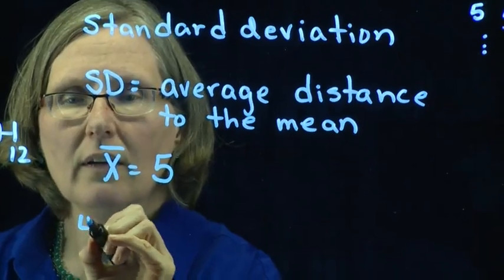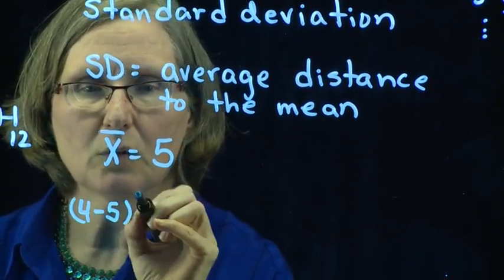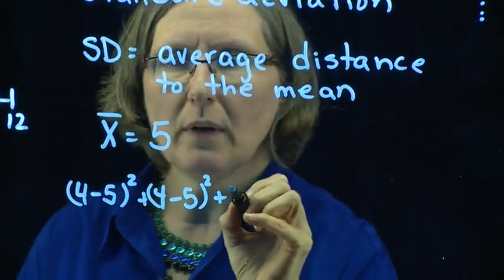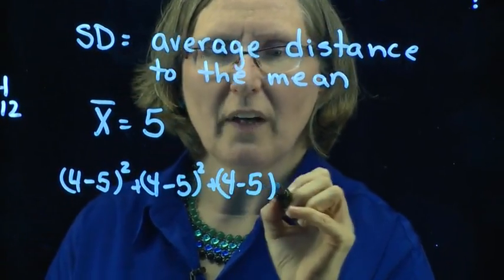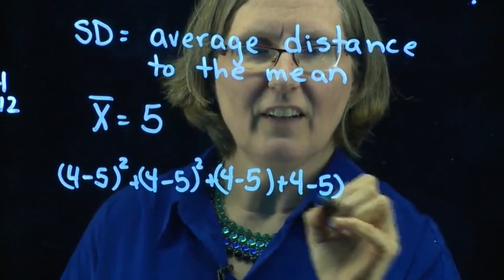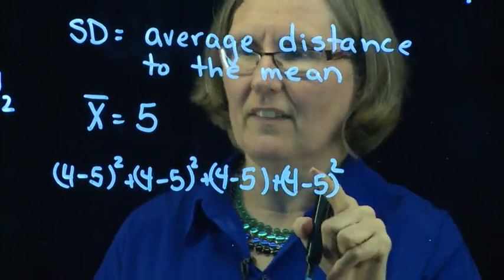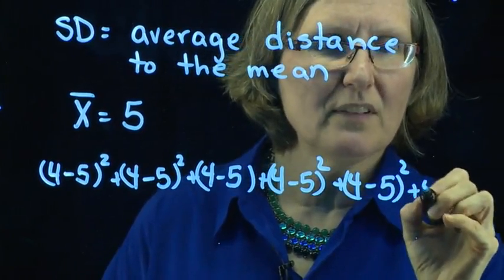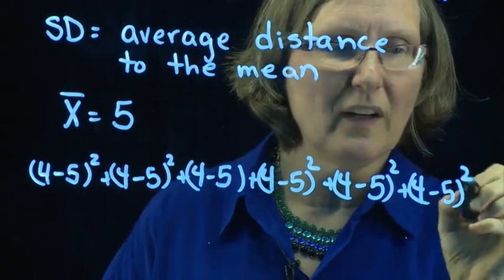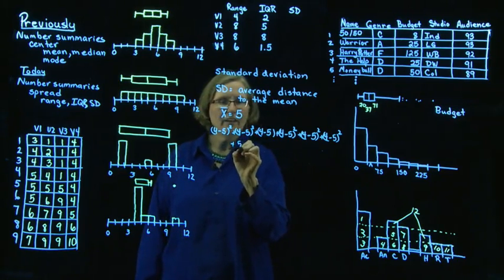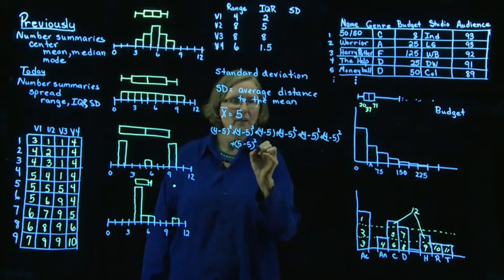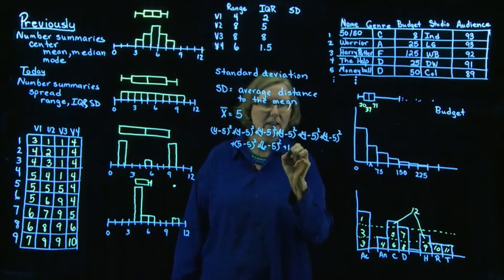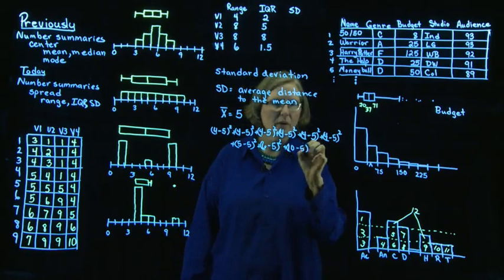So we've got 4 minus 5 squared plus 4 minus 5 squared plus 4 minus 5 squared plus 4 minus 5 squared, 1, 2, 3, 4, plus 4 minus 5 squared plus 4 minus 5 squared plus 5 minus 5 squared plus 6 minus 5 squared plus 10 minus 5 squared.